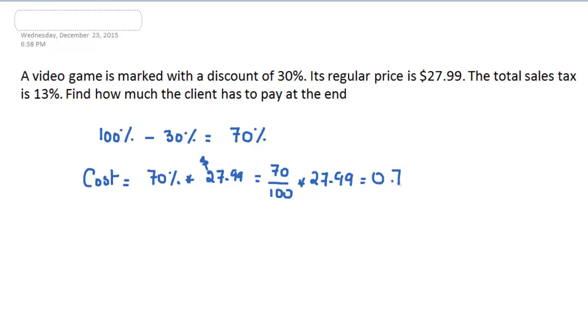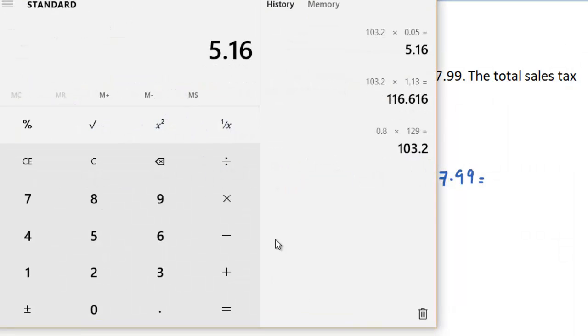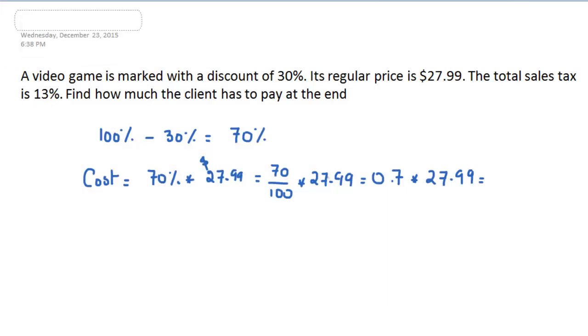So 0.7 times $27.99. That means the buyer will pay, if I calculate $27.99 times 0.7, equal $19.59.